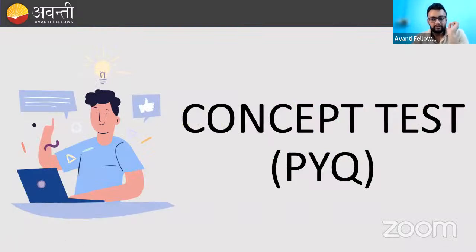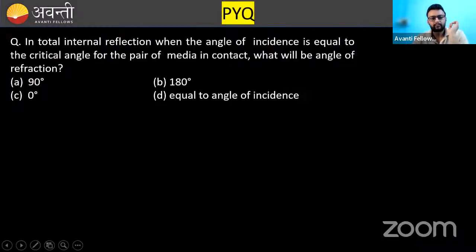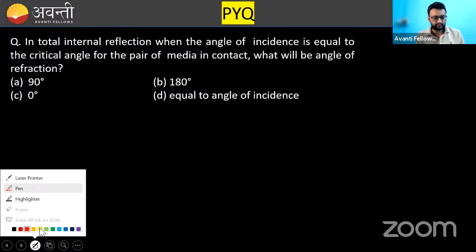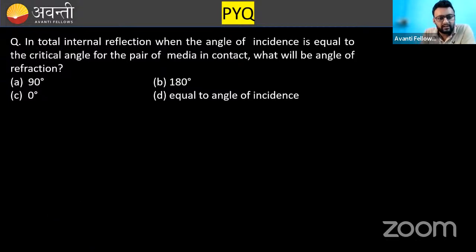There is a question based on it. This is a basic question. You should answer A, B, C, D very quickly. Question says, in TIR, when the angle of incidence is equal to the critical angle, what will be the angle of refraction? Okay, answer very quickly.